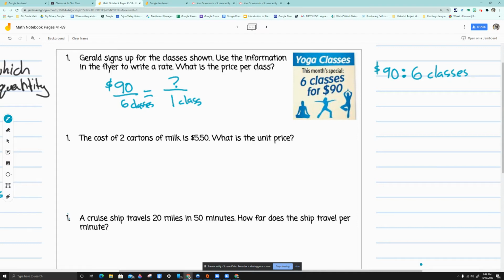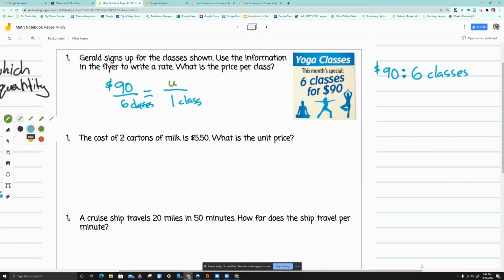It's kind of an important thing to know. So there's a few things we can do here. These are equivalent ratios, right? So let's change this variable from a question mark to U for unit rate. So what is U?